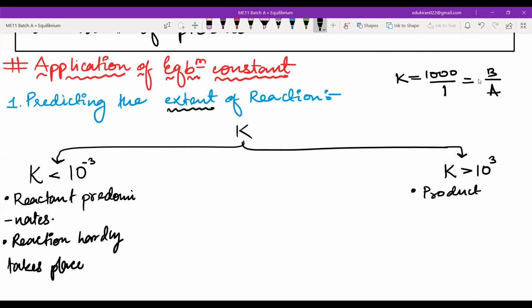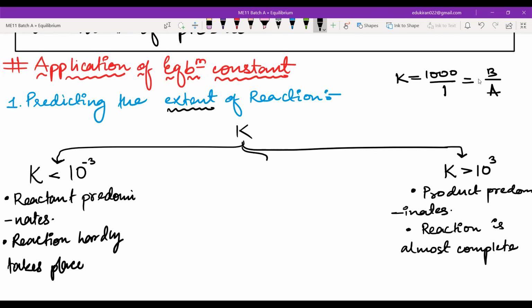Product predominates. And here I can say the reaction is almost complete.